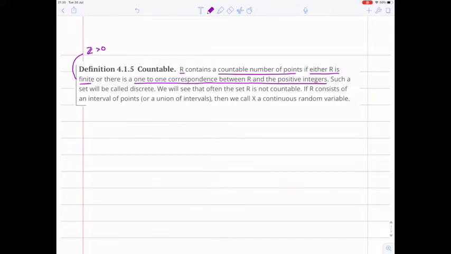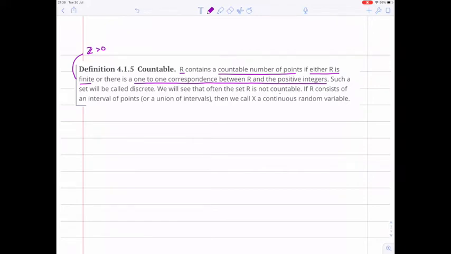And such a set will also be called discrete. So we're thinking of a set being countable if it has a finite number of things, or if you can count the individual things, even if it turns out that there are infinitely many of them. If R is not countable, then you can't count the individual things.